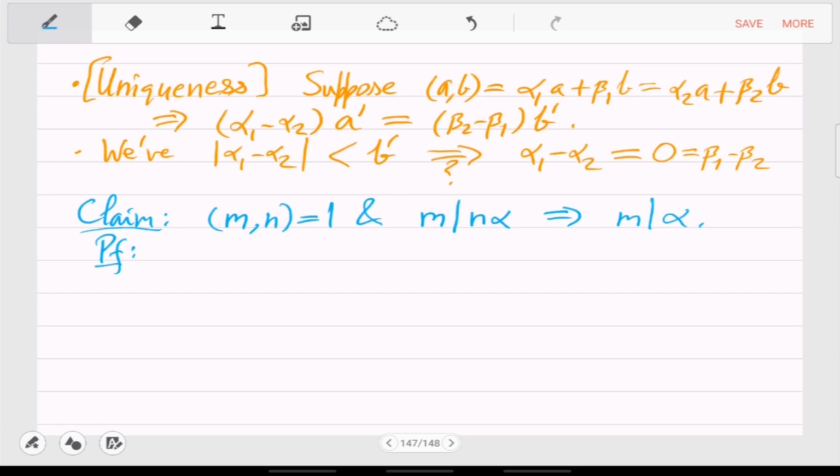If I show this claim, then in the orange equation, since B prime is co-prime to A prime, B prime is forced to divide alpha 1 minus alpha 2. But alpha 1 minus alpha 2 is smaller than B prime, so it has to be 0 then. Okay, that is how we will conclude.